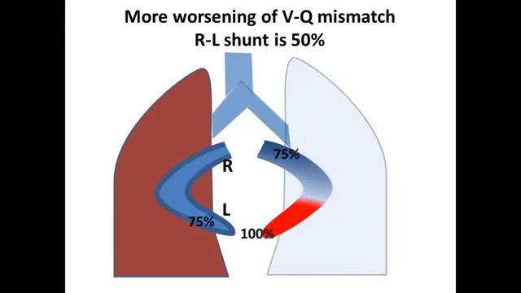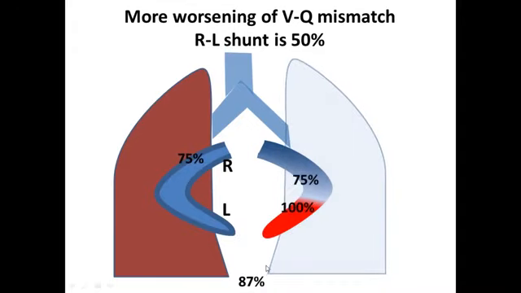On the other hand, the 75% on the right lung gets no saturation because there is no ventilation here. So that's a right left shunt in the right lung, and normal ventilation perfusion in the left lung. So we have a mean arterial saturation around 87%.